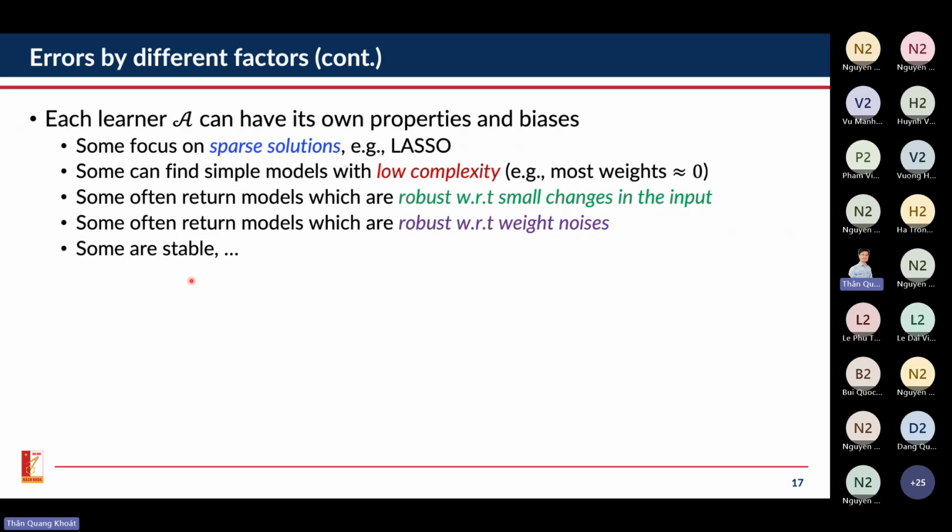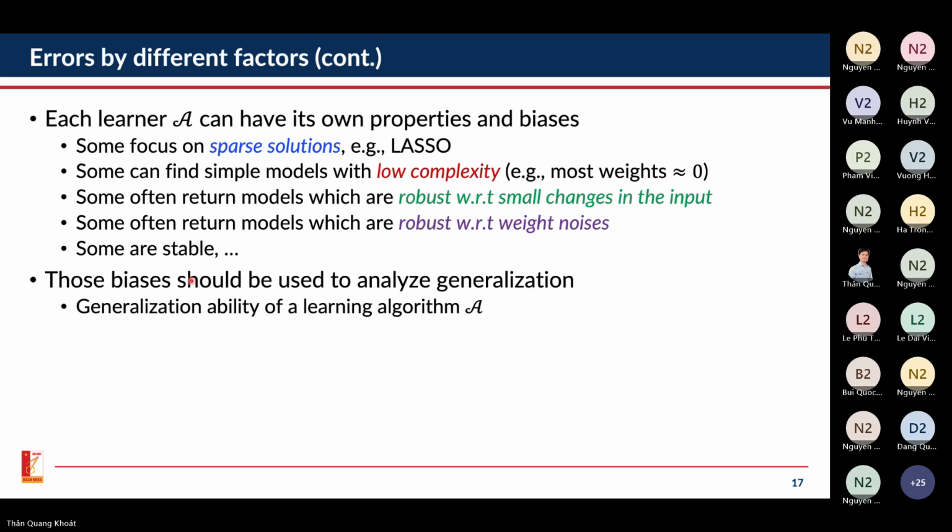You need to know that in order to analyze what is going on inside when we get a very bad model, right? And of course, those biases and properties should affect the generalization ability of a learning algorithm, right? Okay. Do you have any question?